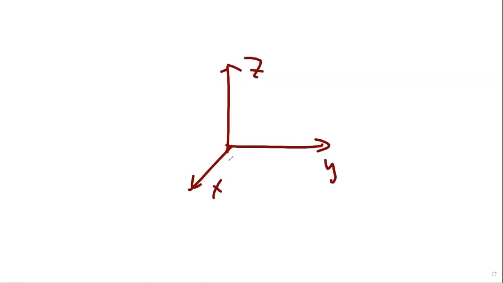That means before you discuss the rotation, your original observation frame may have the XYZ like this, but your other observation frame may be using XYZ like this. Then you need to know this is the difference of the orientation.